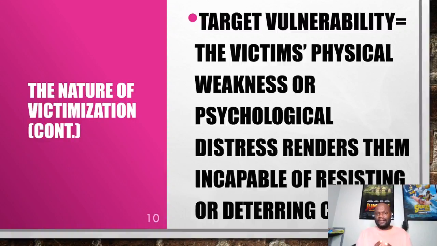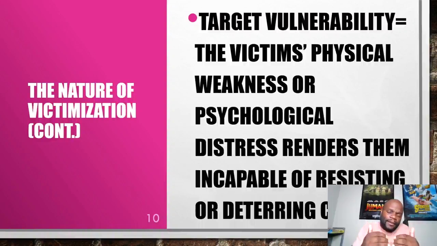What does that mean? Think about what makes you a vulnerable target. Are you vulnerable because, let's say, you're 5'2" and 105 pounds? Are you vulnerable because you don't have a strong mental capacity?